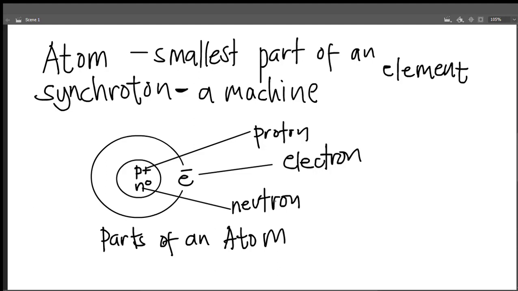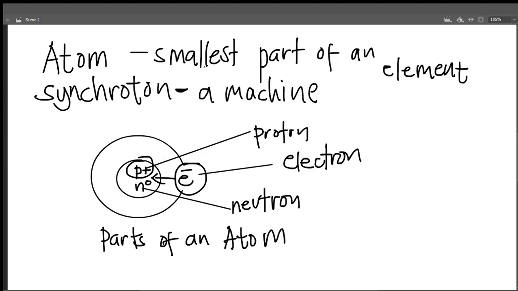Okay, so the whole atom has no charge because there are as many protons as there are electrons. So the charges balance each other out. Although protons and electrons have opposite charges, the positive proton does not attract the negative electron right into the nucleus here.